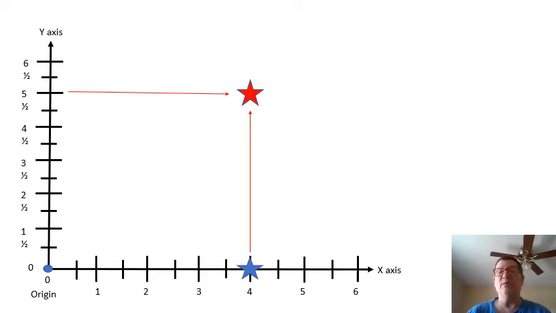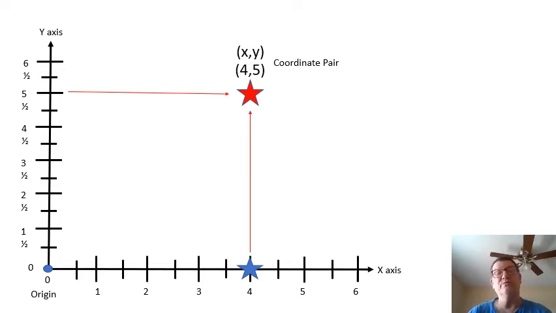Now we can develop what they call a coordinate pair. Okay, a coordinate pair is always a list, and it has the x measurement first and the y measurement second. So for the red star, we came over 4 on the x-axis, and then we went up 5 on the y-axis. So the coordinate pair for this would be 4, 5.